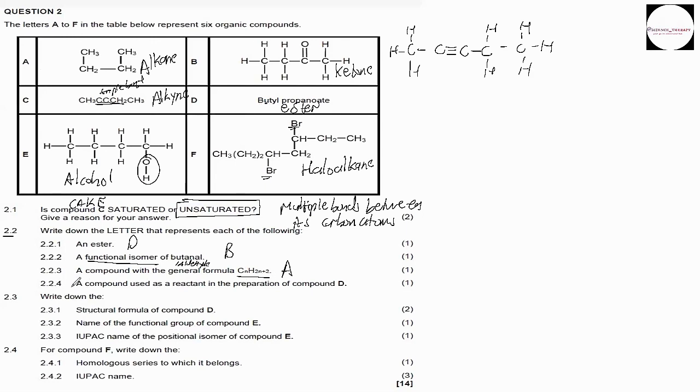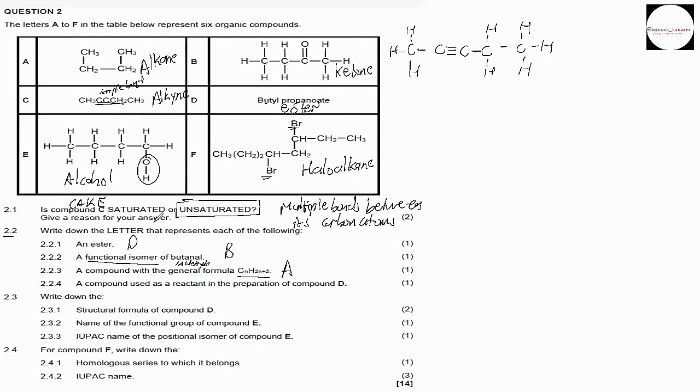Then 2.2.4, a compound used as a reactant in the preparation of compound D. We know that compound D, as we have stated, is made out of 2 homologous series, which is the alcohol and the carboxylic acid. Looking at this, we can see there is no carboxylic acid.